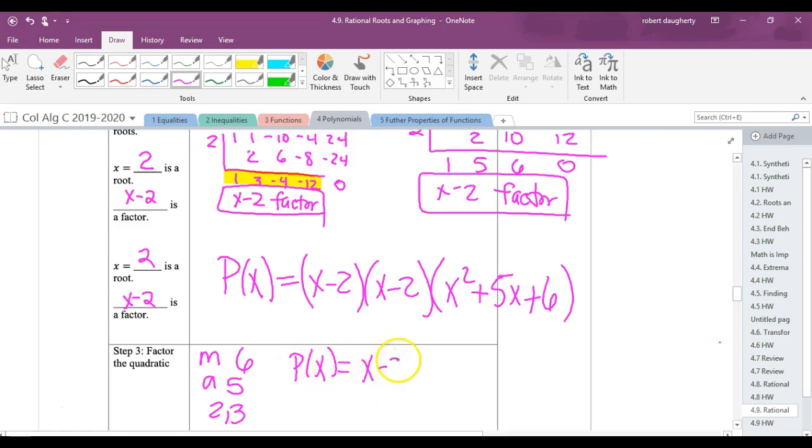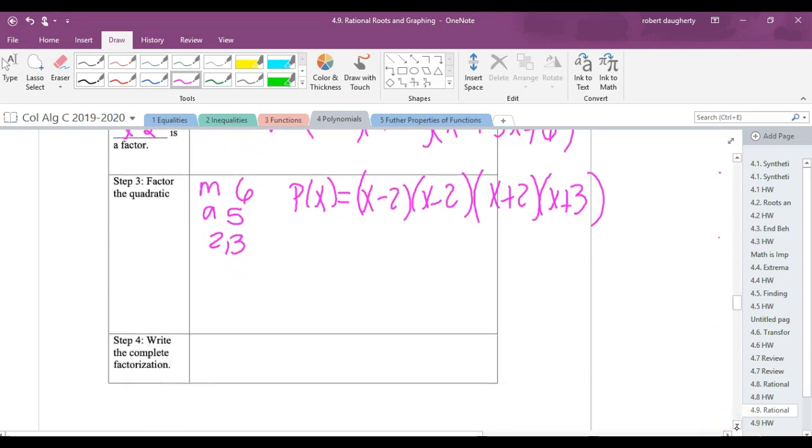So p of x equals x minus 2, x minus 2. What do I do with this 2 and this 3? X plus 2, x plus 3. That's my complete factorization: x minus 2, x minus 2, x plus 2, x plus 3.